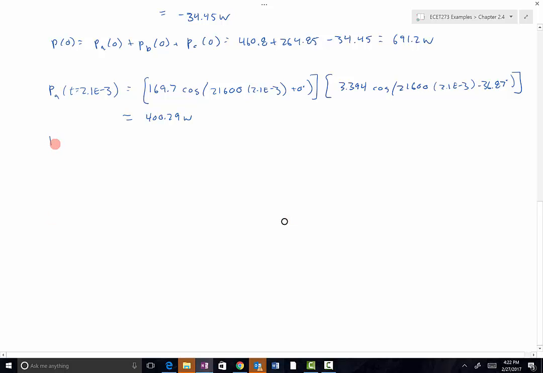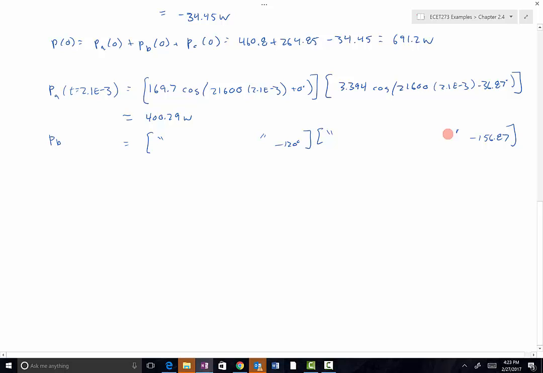Need to repeat the calculation for the instantaneous power on phase B. I'm going to do a little shorthand right here. All these numbers are going to be the same, except right here it's going to be plus or minus 120 degrees. So I'm just going to use these tick marks to indicate that it's the same thing. Save ourselves some writing. And then it's just going to be 120 degrees out of phase of this. That's 156.87. Again, everything else is the same inside of these quotation marks.